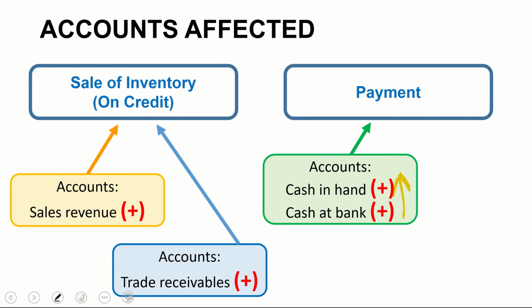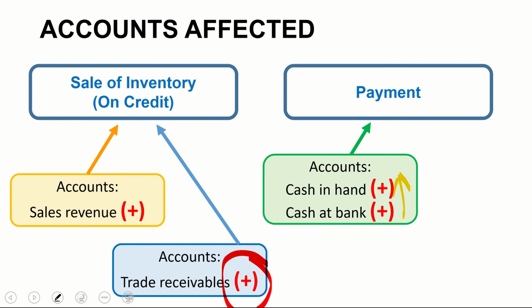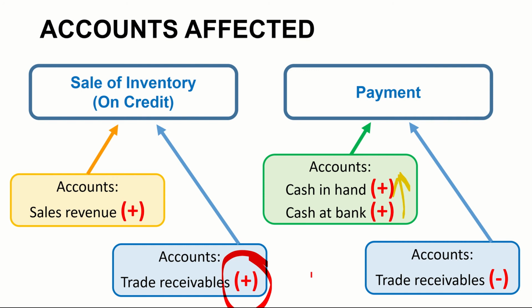Now, what is the other account affected when there is a payment by your customer? Previously your customer owed you, that's why you recorded trade receivables plus whatever amount. Now that your customer has paid you, there are no more trade receivables. The customer doesn't owe you any more money.